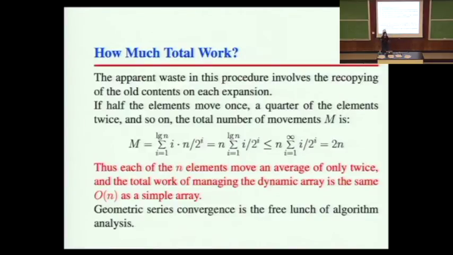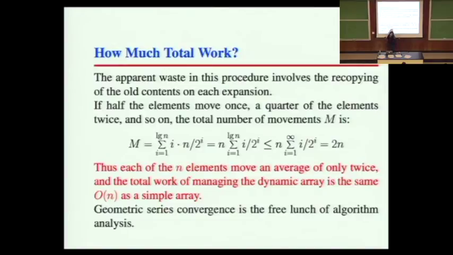If I only had the sum, i from 1 through log n, of 1 over 2 to the i, what would that be? What would the sum be of half plus 1/4 plus 1/8 plus 1/16? Yes, exactly. That'd be 1. That's something we learn, how that series converges to 1. And it turns out if you have this factor i on top, it is at most 2.